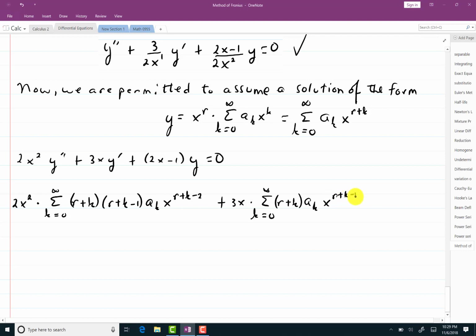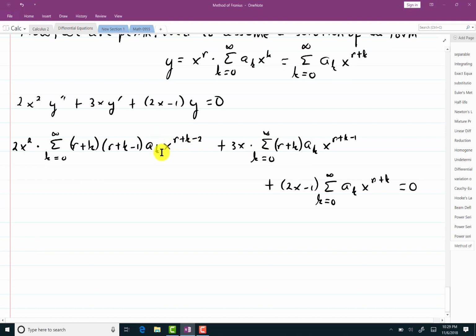And then finally I have plus 2x minus 1 times the sum k equals 0 to infinity a sub k x to the r plus k. And that's equal to 0.